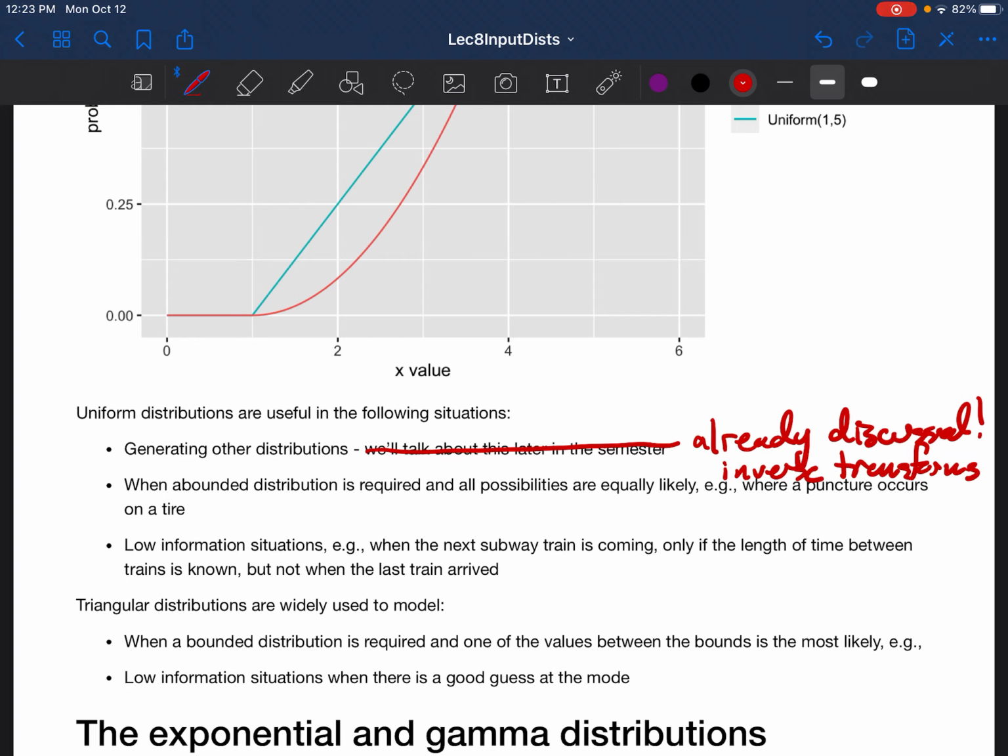Maybe you just arrive at a subway platform during a non-busy period and you don't know when the last train arrived. So triangular distributions are used when you have slightly more information, but still low information. But the one difference between that and the uniform is you have some good guess at the mode. Okay. I'll note that all these also can be used for situations when you have negative values.